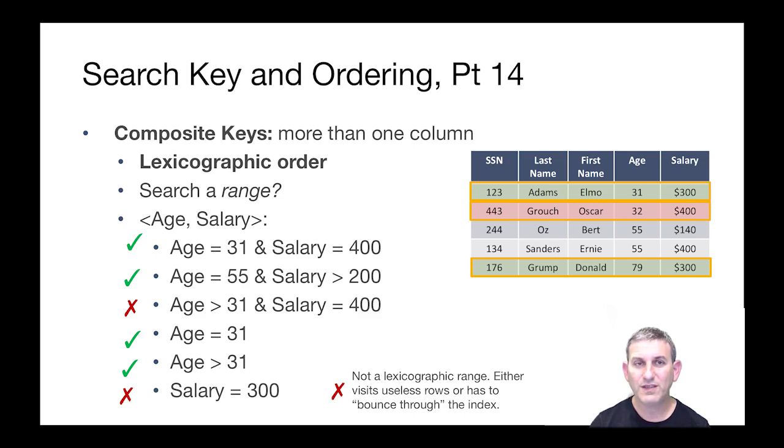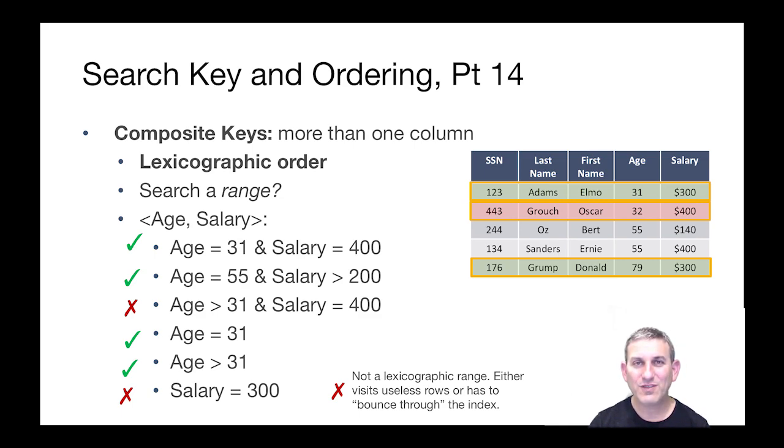And from our definition, this doesn't match because we're supposed to have all of the columns up to M be equality and only the M plus first column be a range predicate. But essentially what we have here is we don't have any predicate on age, and we have an equality on salary. And so you can see that's not matching our definition, and as a result, it forces us to bounce around in the table, and it's not a contiguous range of tuples.